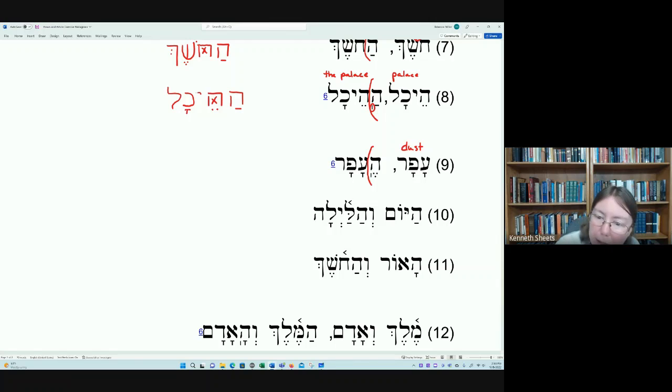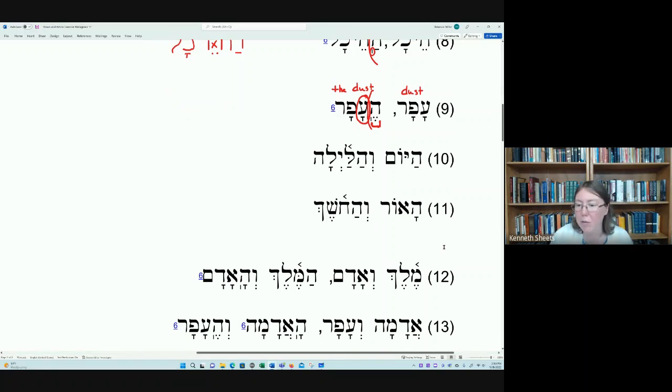But because of the fact that this here is that unaccented ayin plus the kamates, as a result, then the vowel underneath the hey changes form to that segol idea. So thus this is the dust.